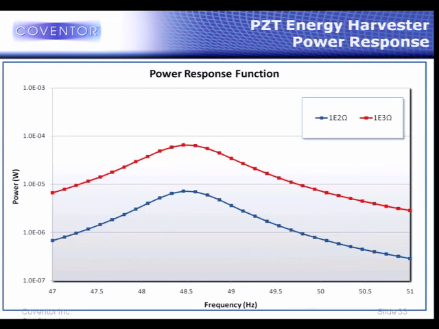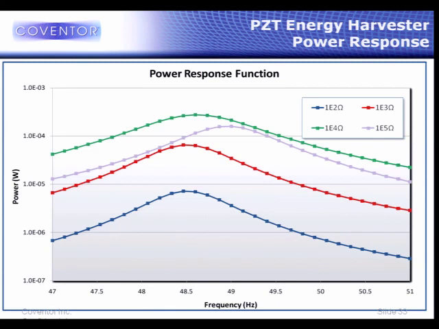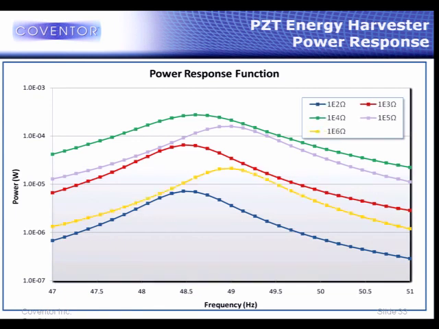So here's an example. You can see here this is with different resistance loads on a vibrating energy harvester. You can see the peak power output, and of course with a harvester you're trying to optimize that power output, the frequency that power output occurs varies with the electrical load, and that's something that you can now predict with some accuracy.